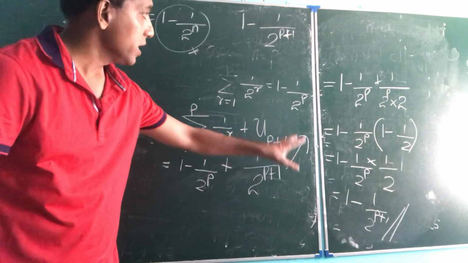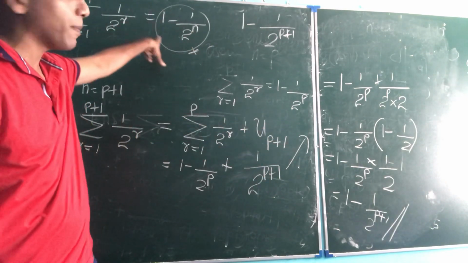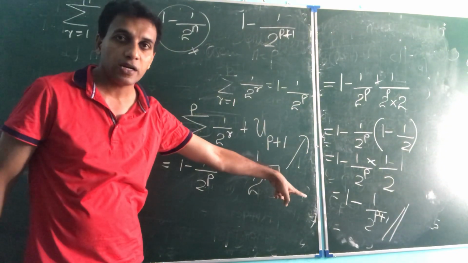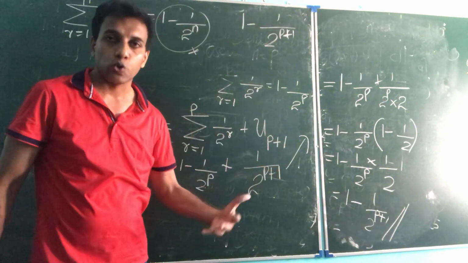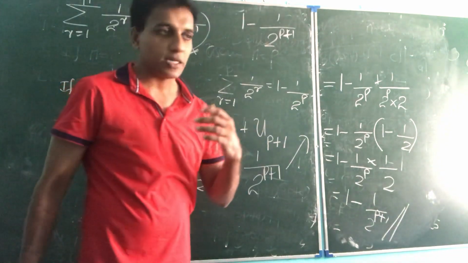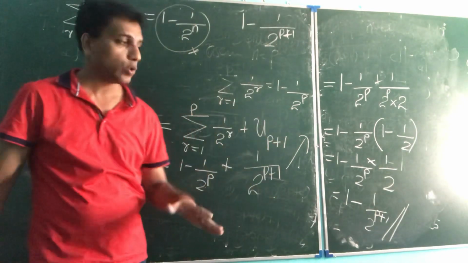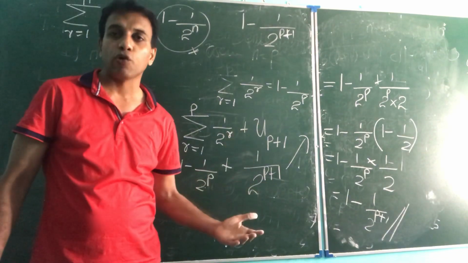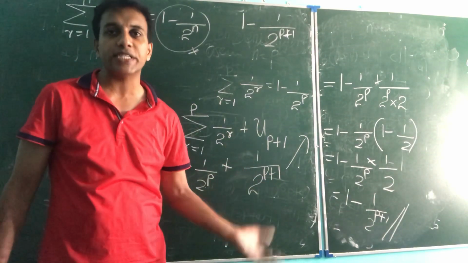That's the answer that we need when we straightly apply for n equal p plus 1. That is available. See there. Therefore, this formula, this sigma notation, or this statement is true. You can write therefore the statement is true for every positive integer n.